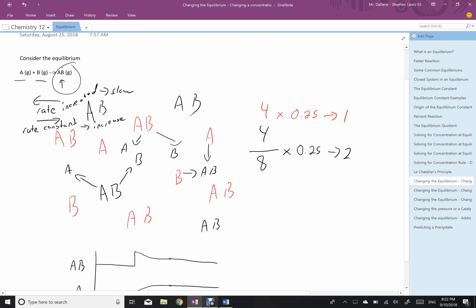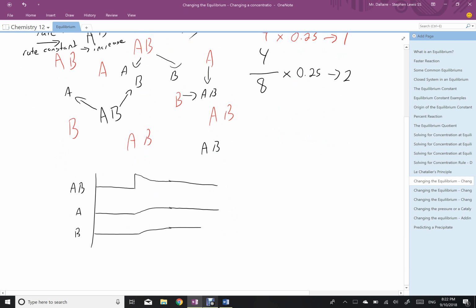Now we can see that this supports Le Chatelier's principle because the equilibrium responded to try and resist the change. So I added AB, so the equilibrium responded by trying to use up AB.